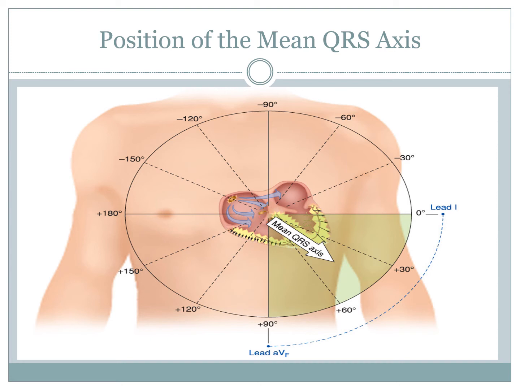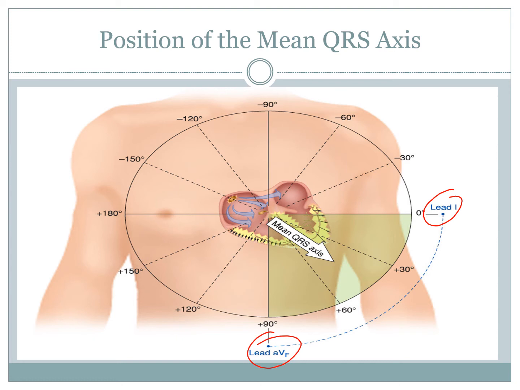The normal position we've already talked about, where that comes from with our mean QRS vector. The normal is to move down towards the left. The quadrant that represents that area, as mentioned, is 0 to positive 90, and that is the direction of a normal mean QRS axis. The best leads to look at in order to ascertain that vector are lead 1 and aVF.